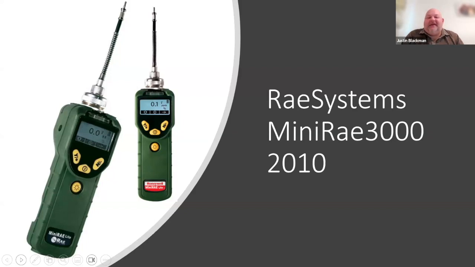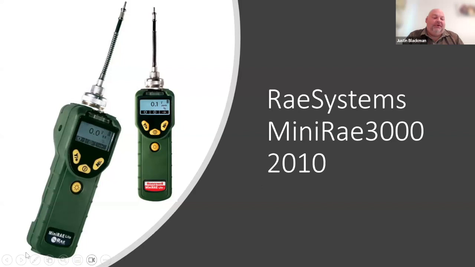It still had the traditional problems of humidity and interference there. And again, later on, I will talk about one feature. Ray Systems would tell you that they had humidity compensation built into their instrument. And I will talk about that later on.